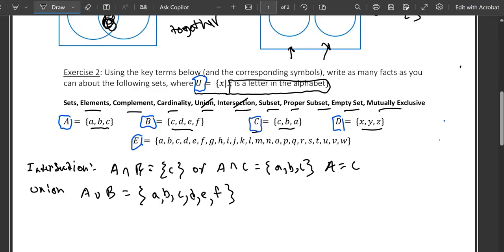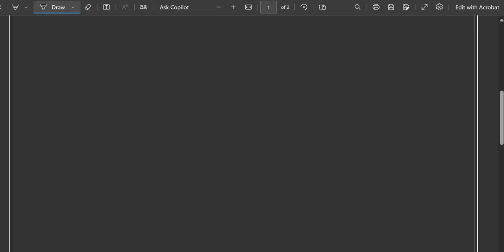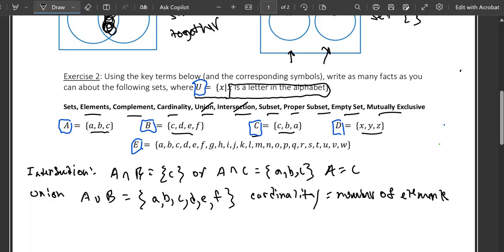And then how about cardinality? Cardinality is equal to the number of elements in a set.